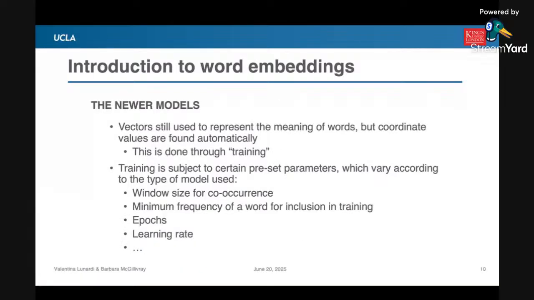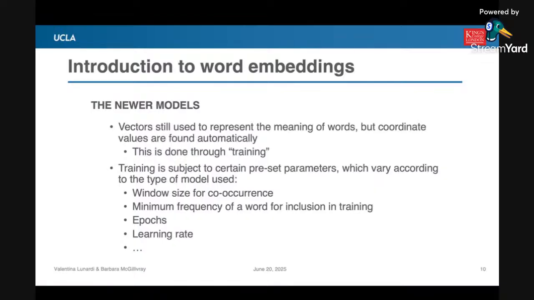Now, the field has moved forward quite a lot. As you might know, word embeddings are the core idea behind large language models. So that gives you an idea of how far the field has moved. But these newer models still use vectors to represent the meanings of words. But these coordinate values are found automatically through a process called training, which is subject to certain preset parameters, which vary according to the type of model that you use.